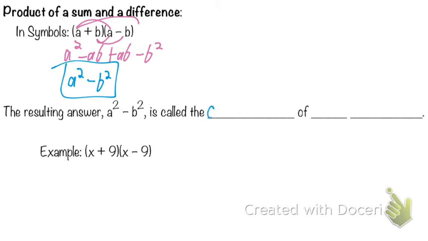What it's called is the difference. What does difference mean mathematically? Subtraction. And are we subtracting A squared minus B squared? Okay. So the difference of 2, meaning 2 different things, A squared and B squared, and we have 2 squares.